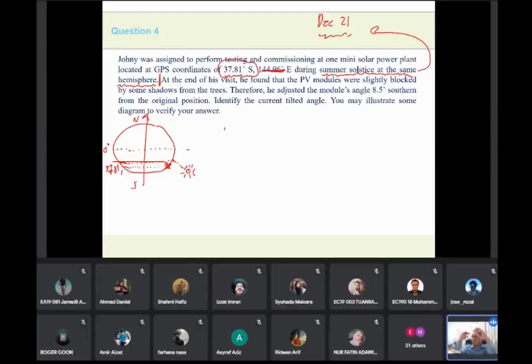Christmas in the northern hemisphere, because the sun is located at the southern hemisphere. Summer solstice at the southern hemisphere, in other words. Sebab location Johnny ni kat sini. This is very important to make sure that the location of you or Johnny or anybody involved in this question is located correctly. So Johnny is now experiencing a summer solstice at his place.